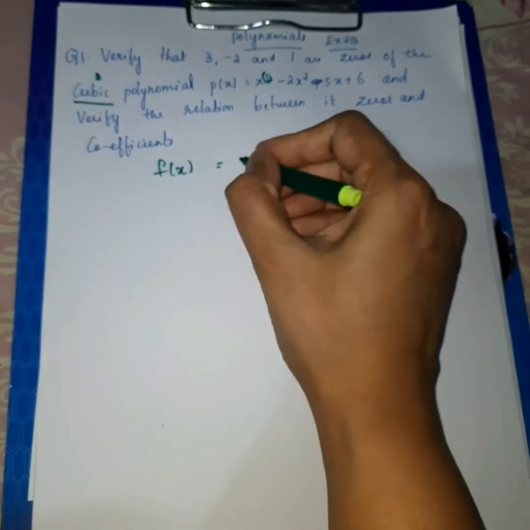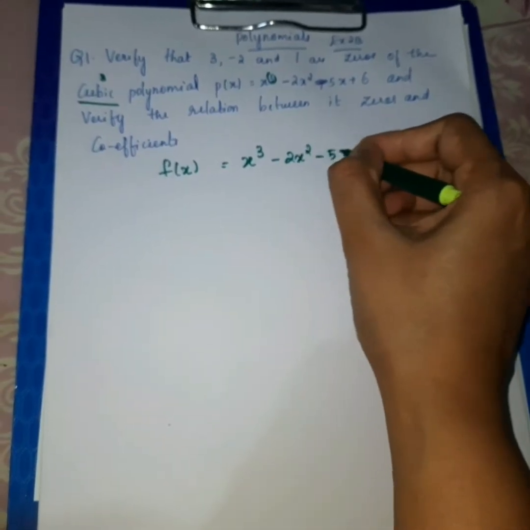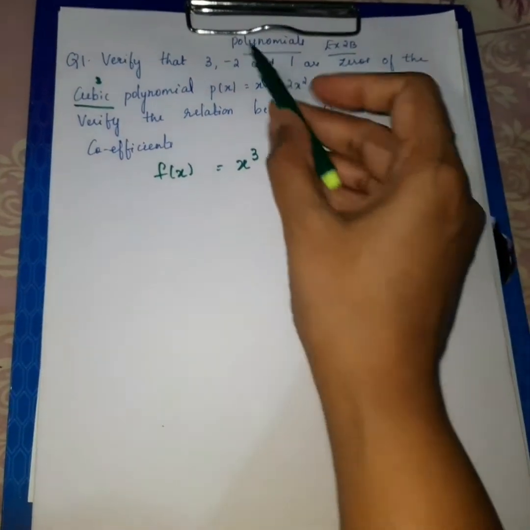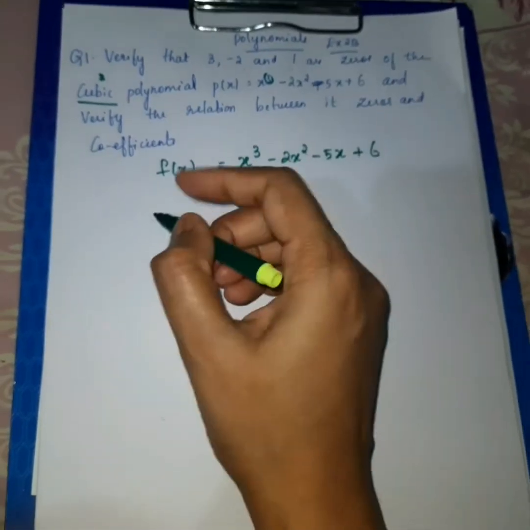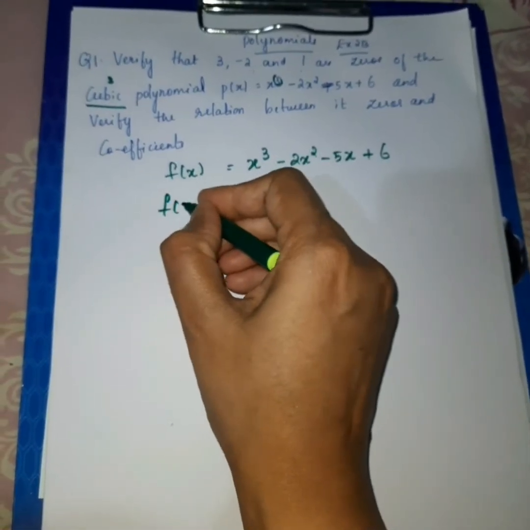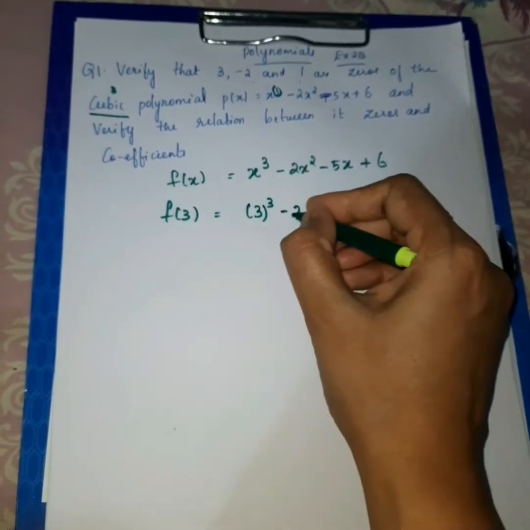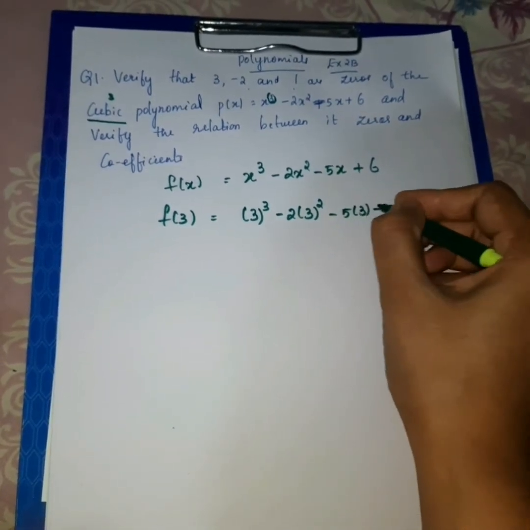So to verify the first condition, we have to do f of x, substituting the value of x as 3, minus 2 and 1 to see whether it satisfies the condition. So let's first take x as 3, f of 3 equals 3 cube minus 2 into 3 square, minus 5 into 3 plus 6.